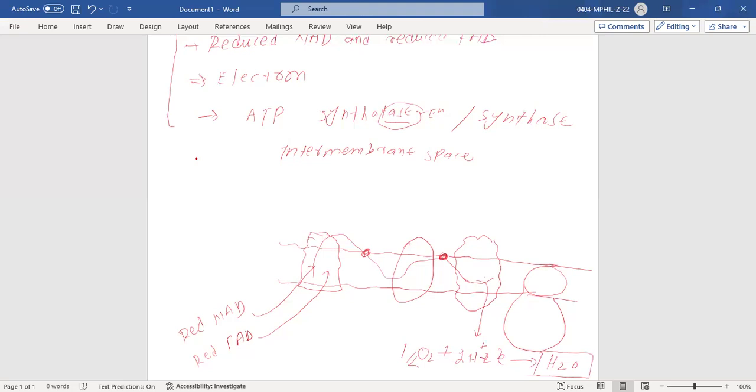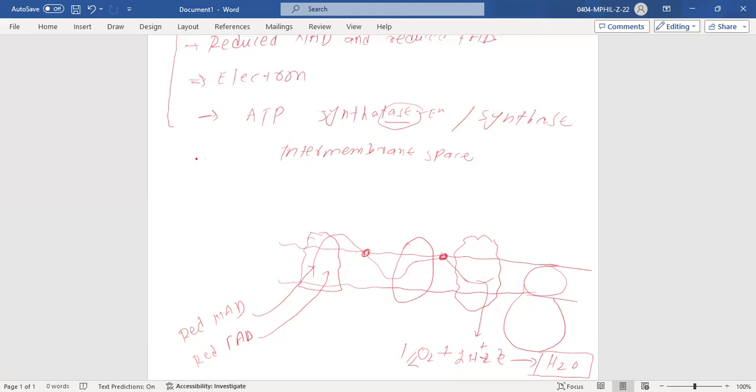This is the first component: the electrons which are released through these reduced proteins, where they are going. The next component is protons. What's going on with the protons? As we know, protons are present on this side.